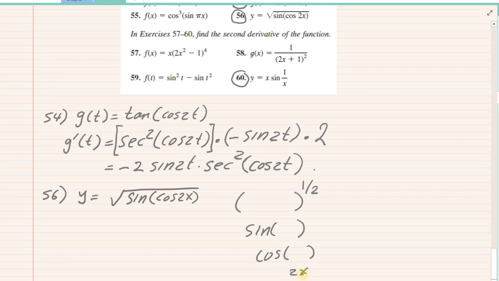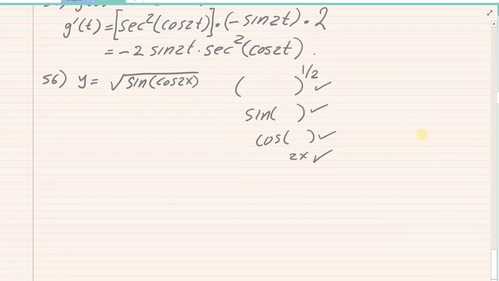Finally, the last layer of the onion is 2x. So we're going to take 1, 2, 3, 4 derivatives here, right, for the 4 layers, working from outside to inside.